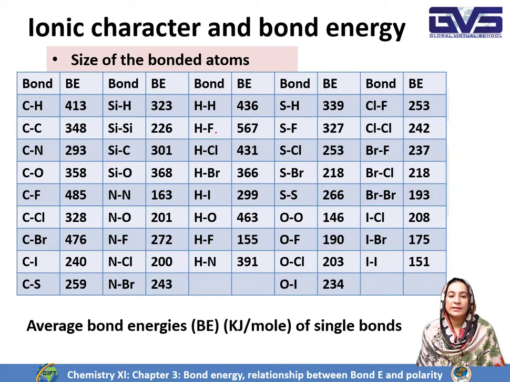So if fluorine has this size, then chlorine has this size, bromine even more than this size, and iodine even more. So as the size increases, their bond energy decreases, because due to the change in size the bond is weaker, and their ionic strength also decreases. That's why their bond energy decreases.